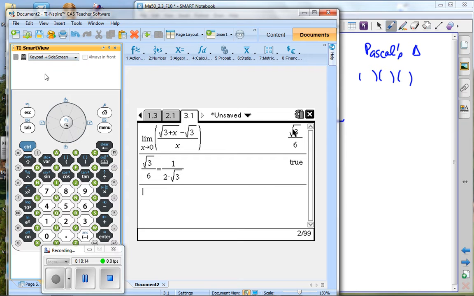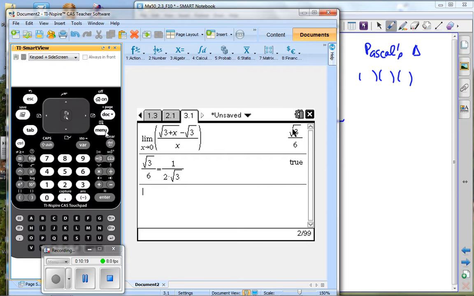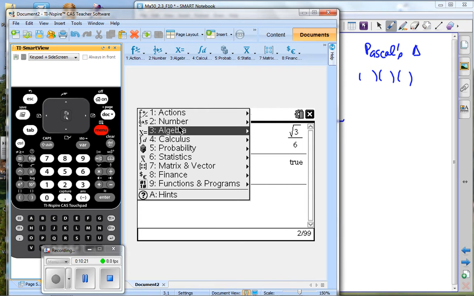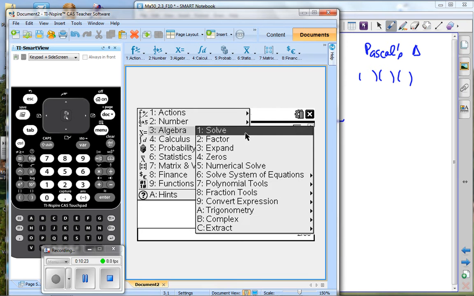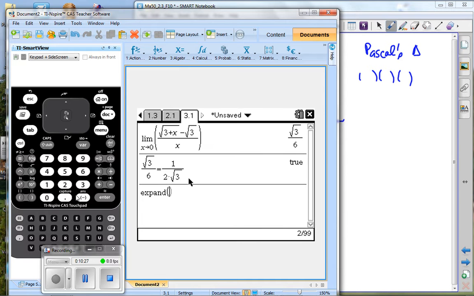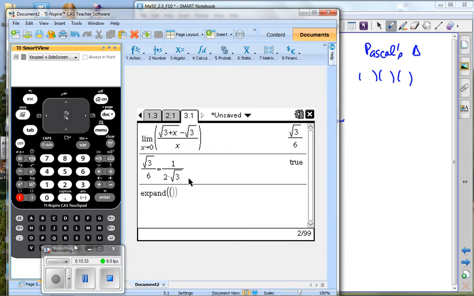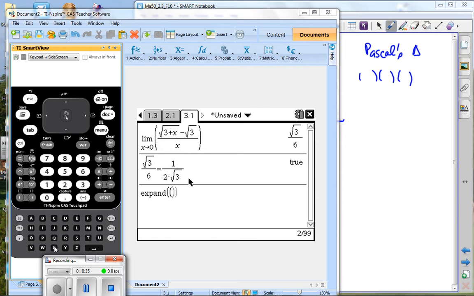Okay, so let's go to our Inspires and do exactly what I was talking about. Let's go to Menu, go to Algebra, and go down here to what's called Expand. We're going to expand the cube of a binomial, so put another set of parentheses in there. And we're not going to use delta x, we're going to use something else.